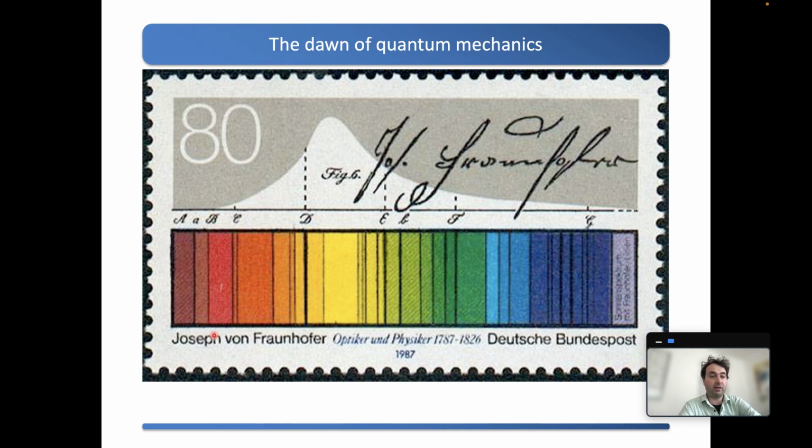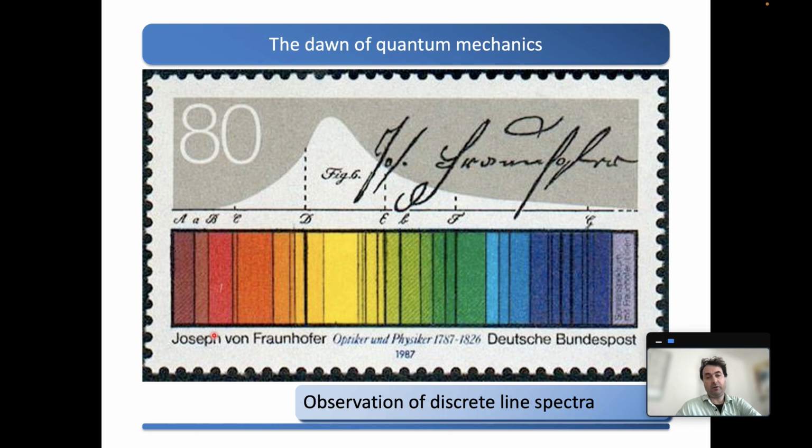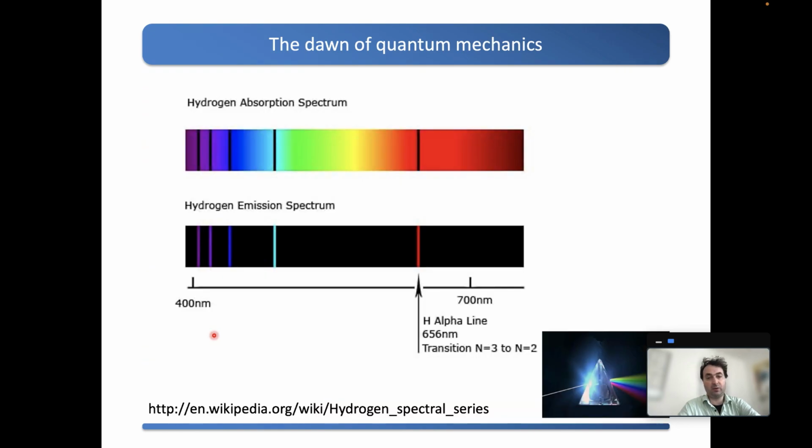If you look at these spectra, we see that we have discrete absorption lines. And not only that: if you heat a similar gas, then you see that it starts to emit photons at discrete frequencies.